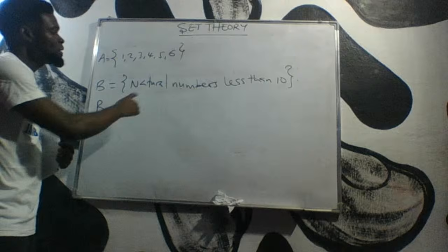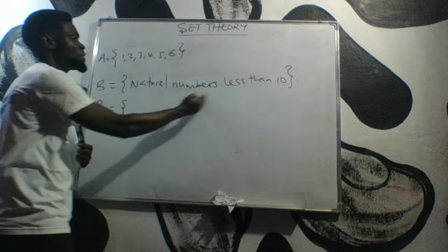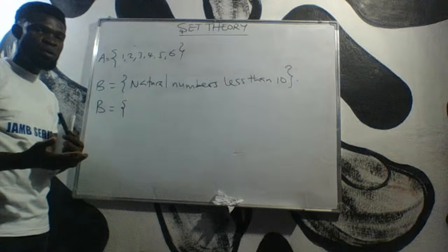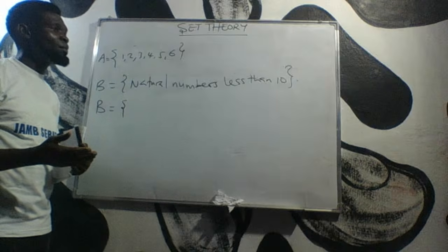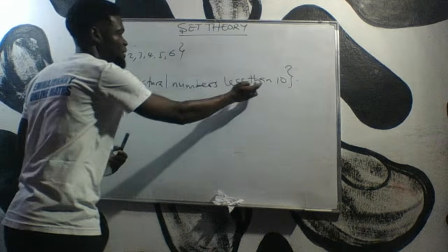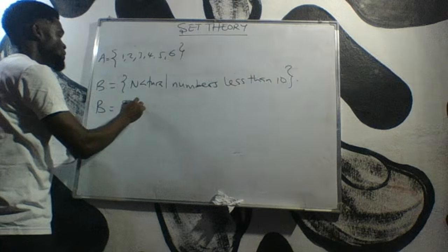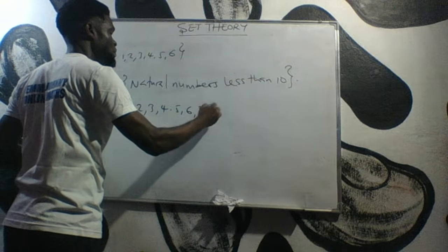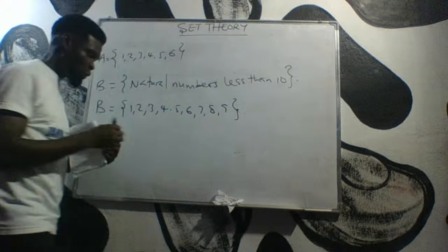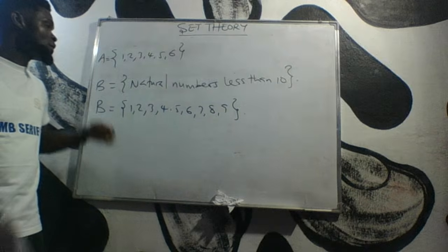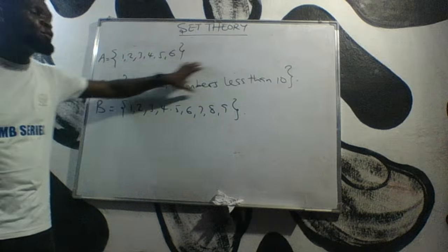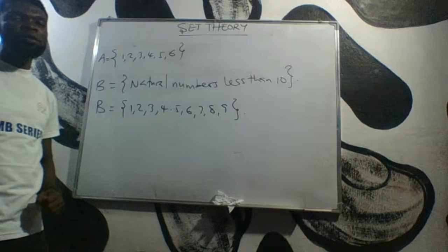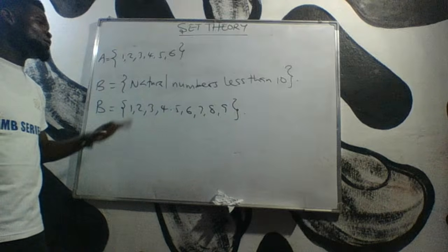So if I want to list the elements of this set, natural numbers less than 10, that means I'm going to start from 1 and end at 9 because I said less than 10. So I have 1, 2, 3, 4, 5, 6, 7, 8, 9. So at this point, I have been able to transform this set from set builder's form to listed form before I can make use of it. So that's just the difference.